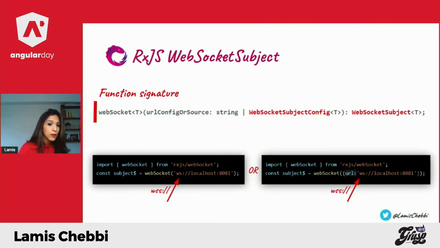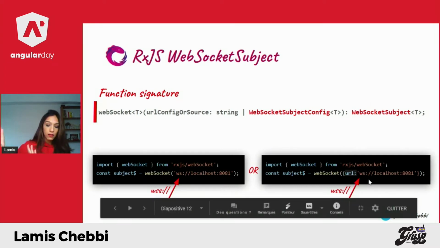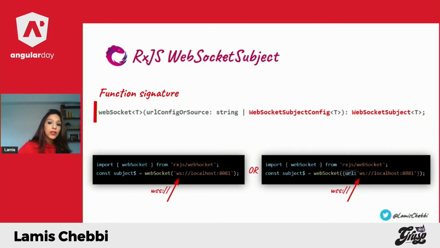And to be exhaustive, there are two ways to call this WebSocket factory function: either by giving a string parameter, which is the URL of your WebSocket endpoint, or by passing a whole object, like you see in this second screenshot, that contains many properties.